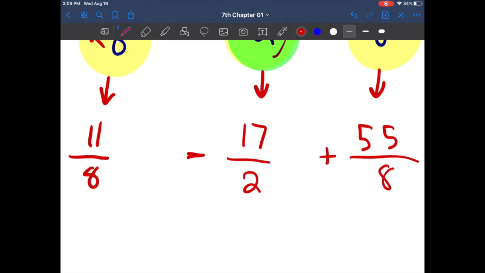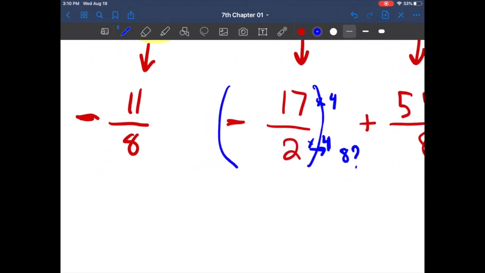All right, now that we got that, it looks like I can solve this one just a little bit faster. So how do we get this 2 to have a denominator of 8? Well, what can we multiply by? We can multiply by 4. Whatever you do on the bottom, we do on top. So let's rewrite our problem. We have a negative 11 over 8 and minus, that's also going to be in 8.